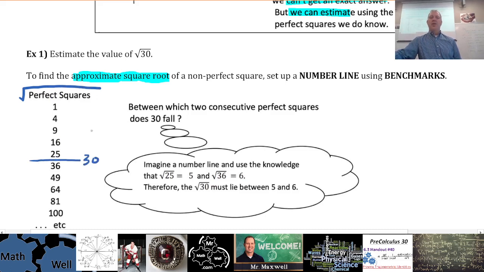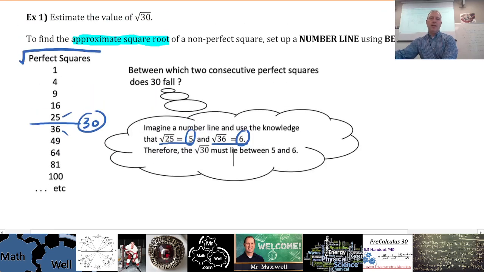Okay, so if I know that 30 is between 25 and 36, right here it says root 25 is 5, okay? So root 25 is 5, and root 36 is 6. Therefore, if the number 30 is between 25 and 36, the square root must be between 5 and 6.